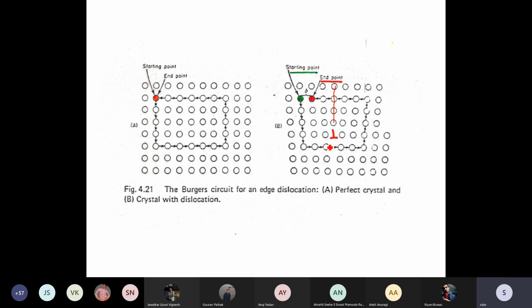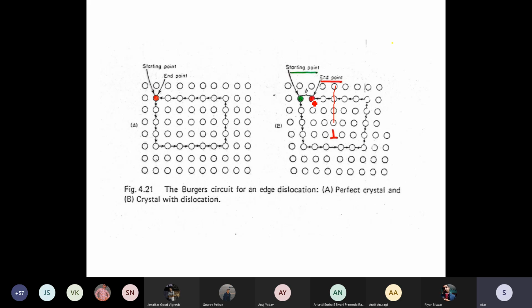Move here 1, 2, 3, 4, 5 spacings. Came down by 4, moved by 5 from left to right. Go up by 4. 1, 2, 3, 4. And now you have to move 5 spacings from right to left, because we moved by 5 spacings here. 1, 2, 3, 4, 5 from left to right. So at this point from right to left, I move by 5 spacings. 1, 2, 3, 4, 5.